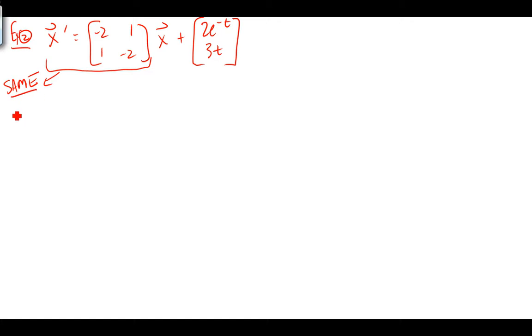In the last one, we came up with eigenvalues of -3 and -1. So we got lambda equals -3, and that has an eigenvector of -1, 1. And we had an eigenvalue of -1, which had an eigenvector of 1, 1.